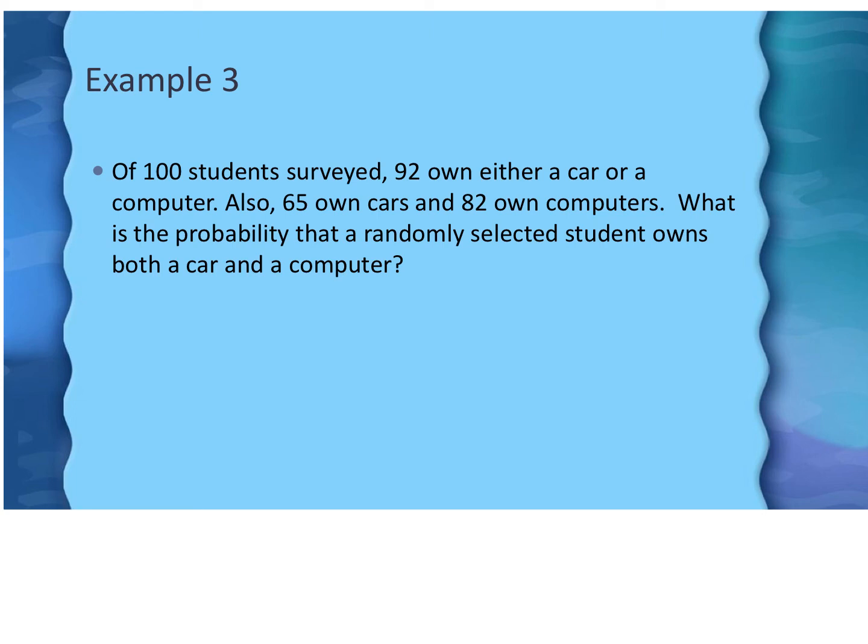So this is where we're using the probability of A and B, not A or B. Event A is that the student owns a car. Event B is the student owns a computer.